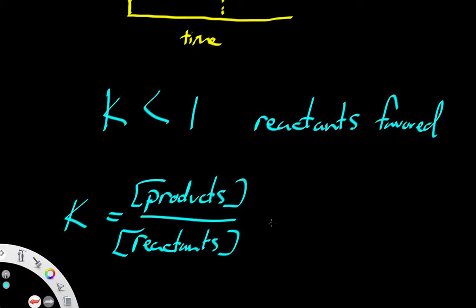Well, in order to have a value that's less than 1, we are going to need a higher concentration in our reactants than we have in our products. And once again, that makes sense because if it were any other way, we would have a different K value. So that is how we are able to attain a K value less than 1.